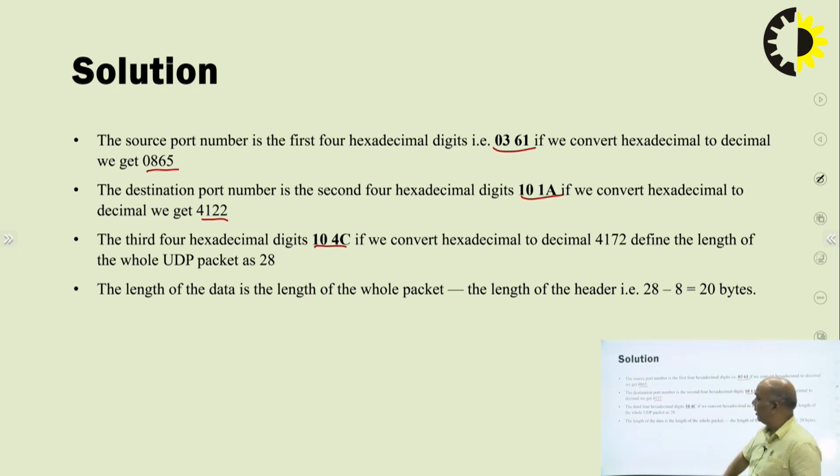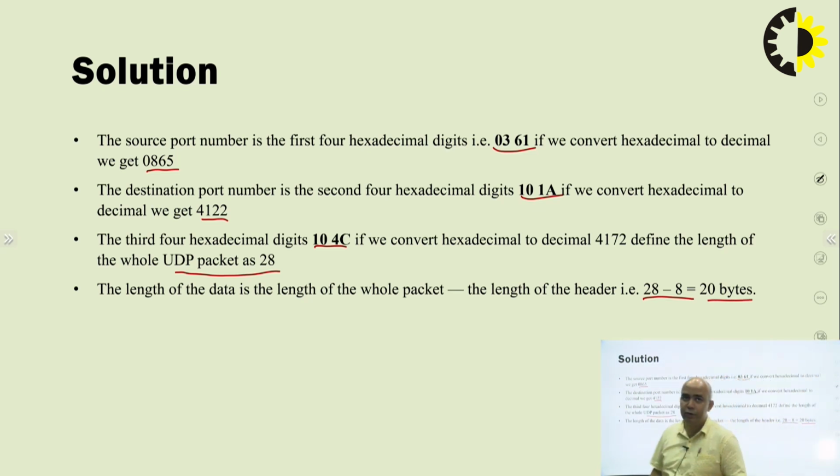This is the hexadecimal format to identify the length. So the UDP packet is 28 bytes. Again, 28 minus 8 gives 20 bytes being used for the data length here.